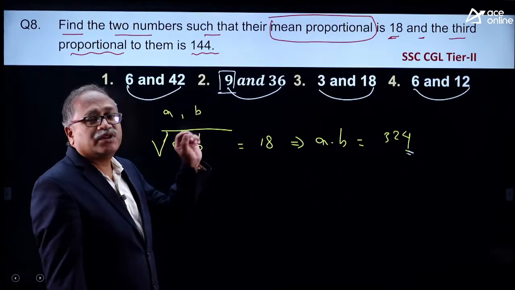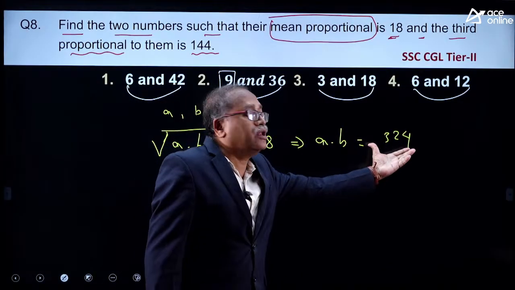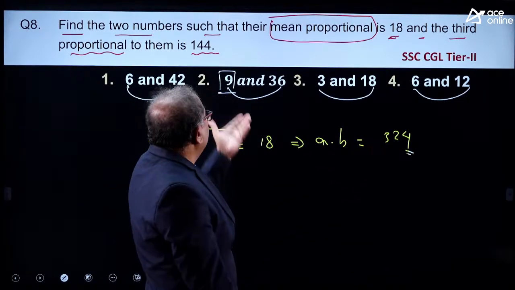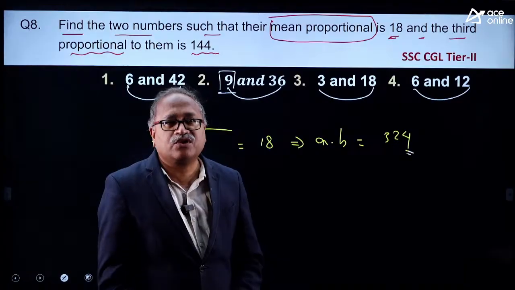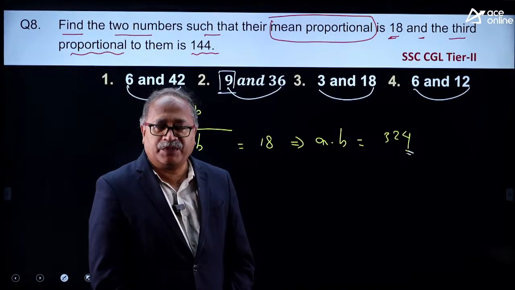I am only left with the number which can give the unit digit 4 and a value of 300 plus, which is option 2. So I will stop here and strike option 2, right my dear friends.